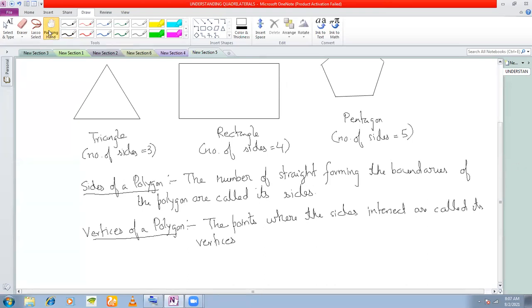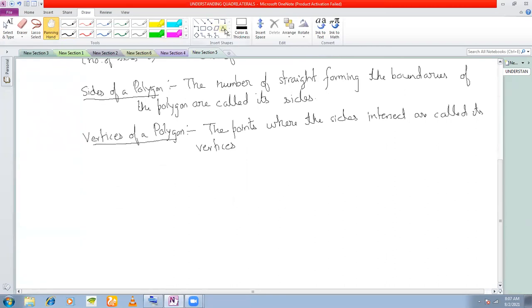So for a triangle, how many vertices? 3 vertices. This is one vertex, second vertex, and this is the third vertex. Number of vertices in a triangle is equal to 3. This is a vertex because 2 sides are intersecting, and this is also a vertex.